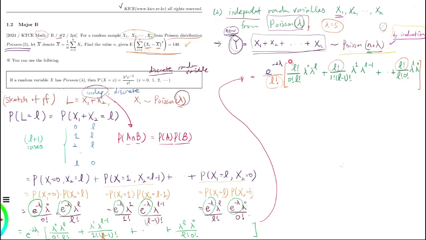The l factorial in the numerator comes from this l factorial which lies in the denominator. They are all cancelled out.